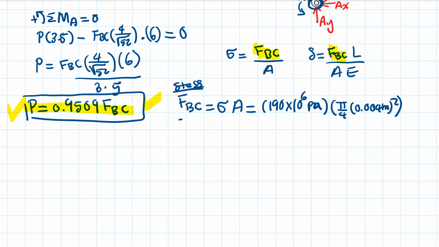So in here the force in the BC cable will equal to 2.388 times 10 to the power 3 Newton.